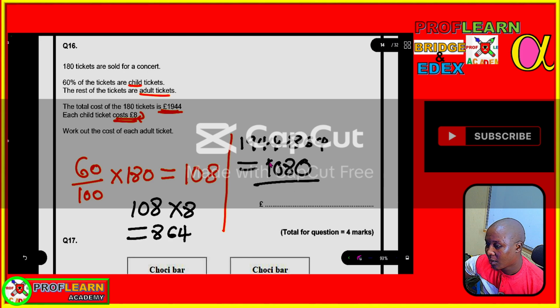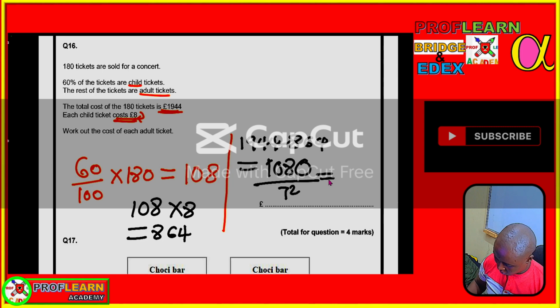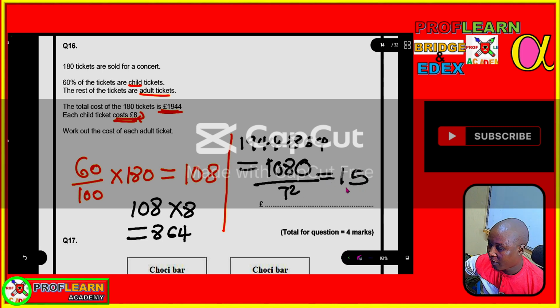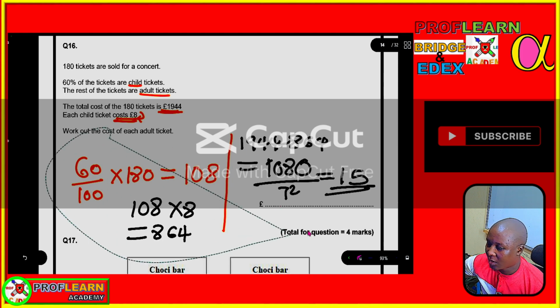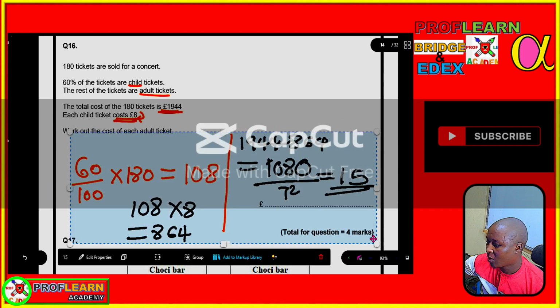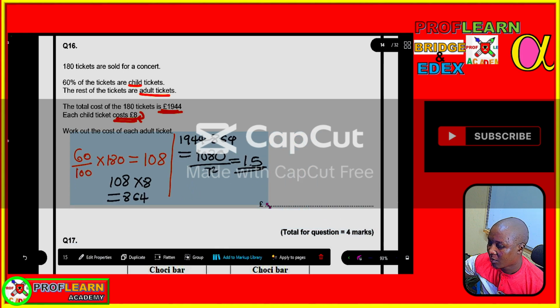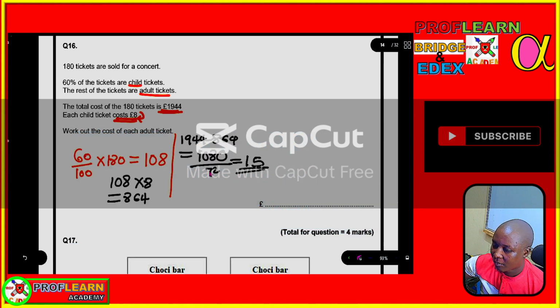So we shall take 1080 divided by 72, and that's going to be 15. So each ticket for the adult is going to cost 15 pounds.